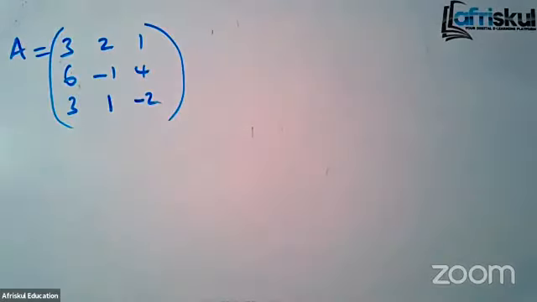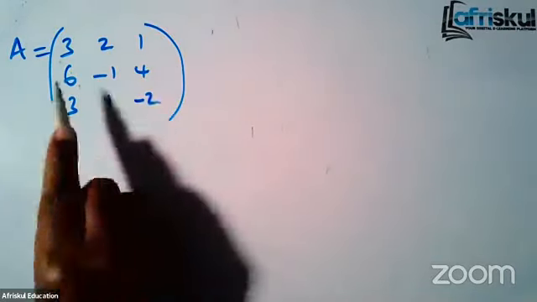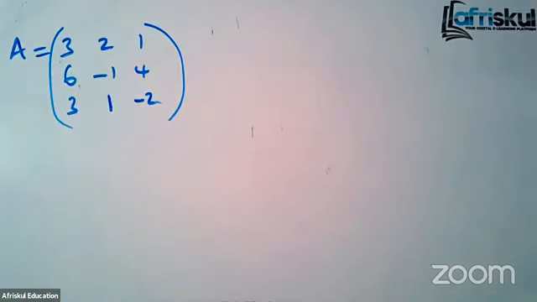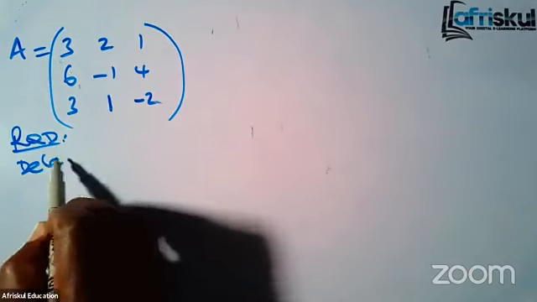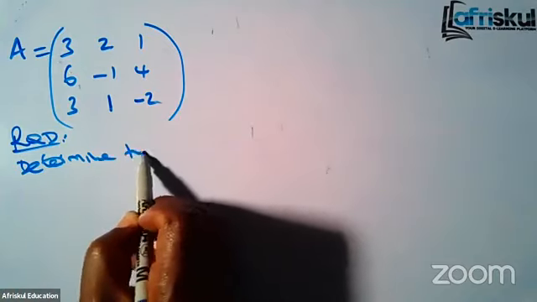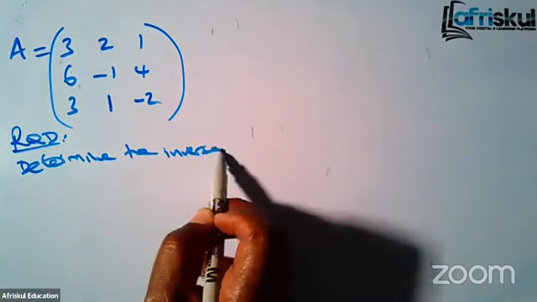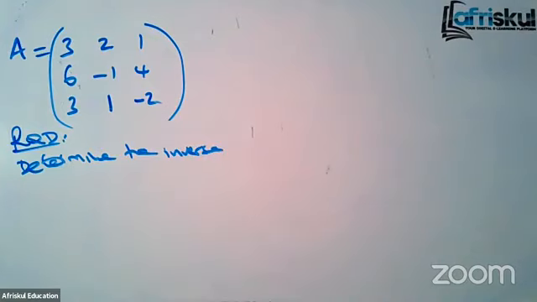This matrix has got how many rows? It has got 3 rows with how many columns? 3 columns going down. So it's a 3x3 matrix, and we are required to determine the inverse of that matrix.